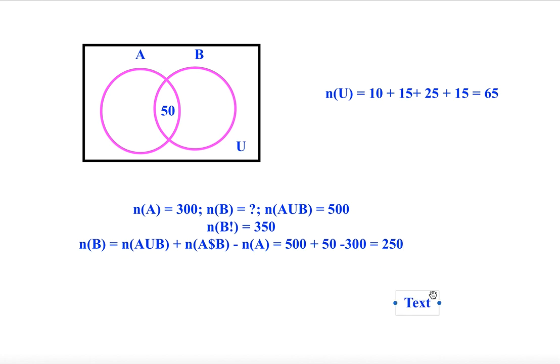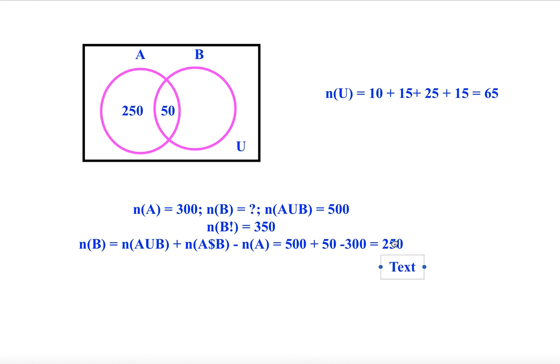So we will write the number directly. 300 here. Okay. What else you want? 250 also you want, right? N of A 300. Oh, N of A is 300 means 300 minus 50 is this. That is 250. Right.